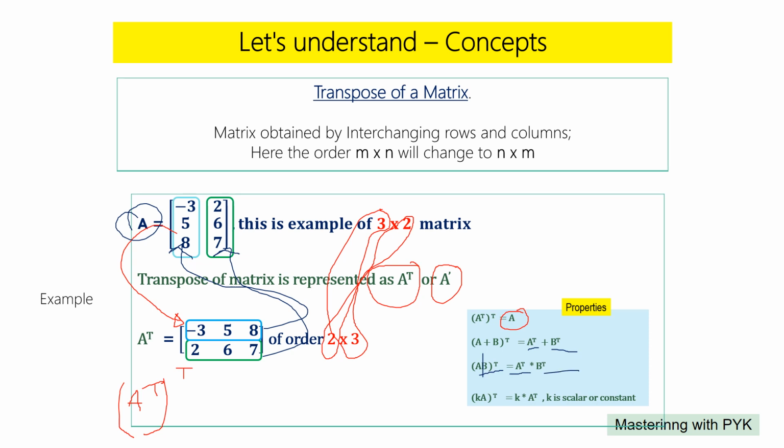Whenever there is a scalar or a constant factor k, which we learned in the previous slide, k can be taken common because k being a factor, maybe 2, 3, 4, right? It doesn't change with transpose. So it is a common factor. We get it outside the matrix and multiply it by A transpose, where k is a scalar, also called a constant.